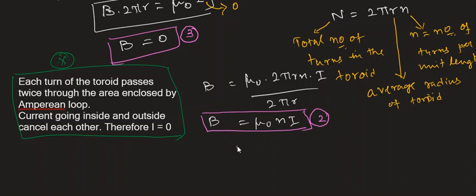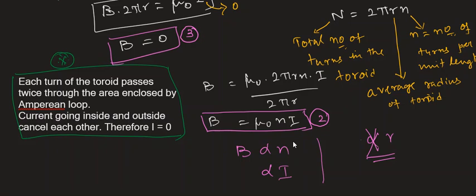So B is proportional to the number of turns of coil in the toroid, and it depends on the current strength, but it has no dependence on the radius of the toroid. This point should be noted down because no radius remains after reducing the equation.